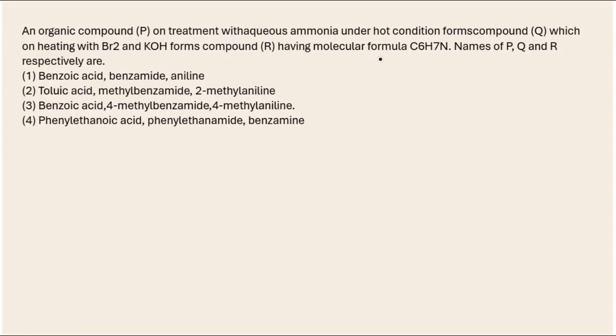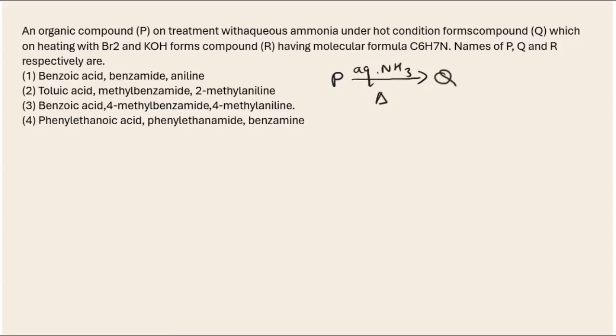The next question involves series of reactions. Whenever you come across such questions, you should start writing the conversions as you read the question. Say here in this case, an organic compound P, right? It is treated with aqueous ammonia under hot conditions.